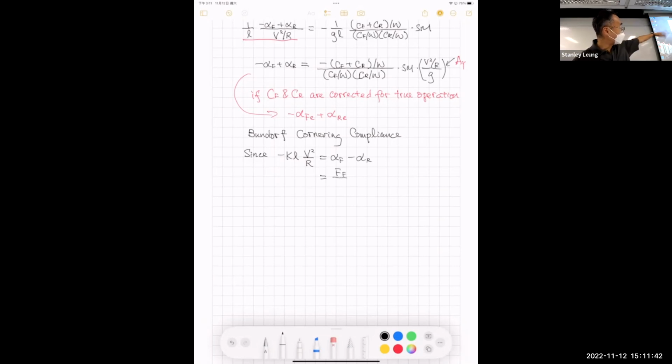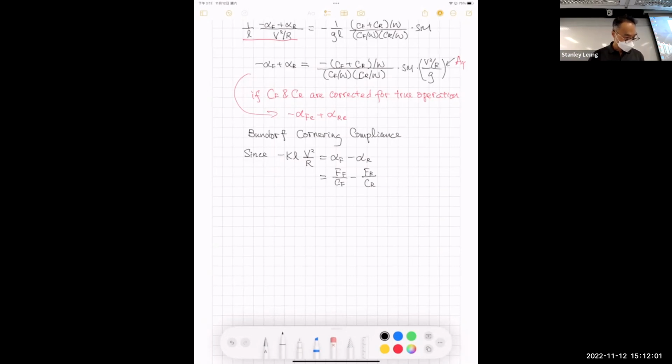This is the lateral force in the front divided by the cornering stiffness, minus the lateral force from the wheel.